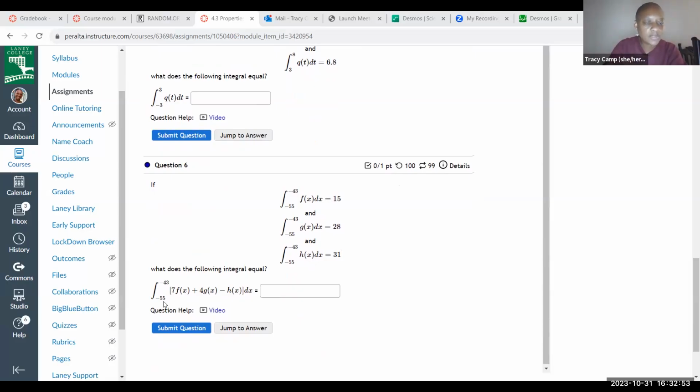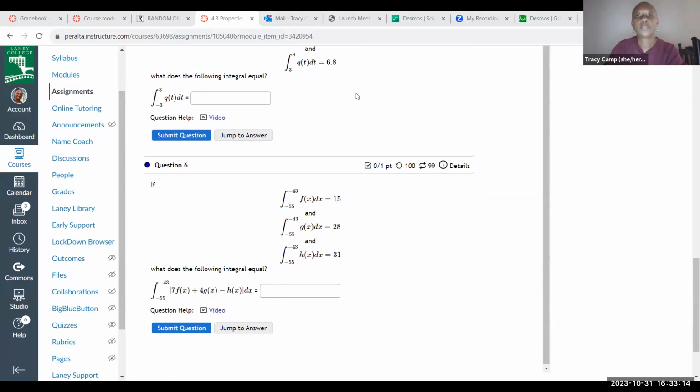It's asking us for the definite integral from -55 to -43 of 7 times f of x. Notice they give us the definite integral of just f of x. And then plus 4 times g of x, they give us the definite integral of g of x dx, minus h of x, which they give us.